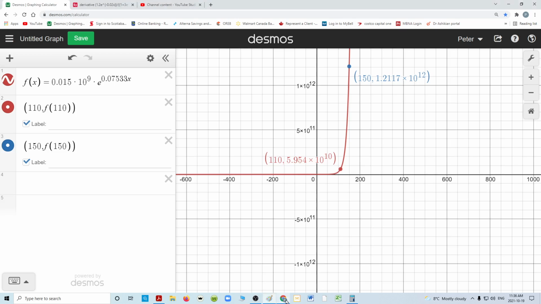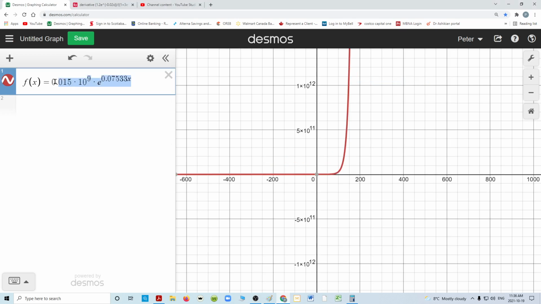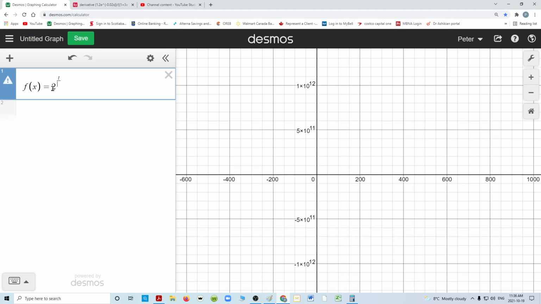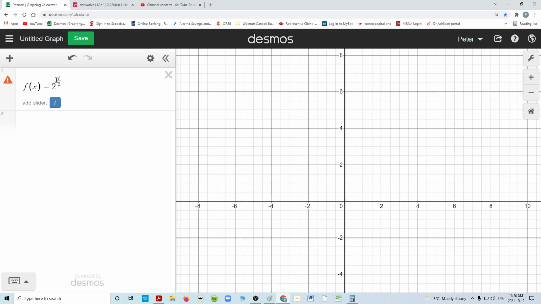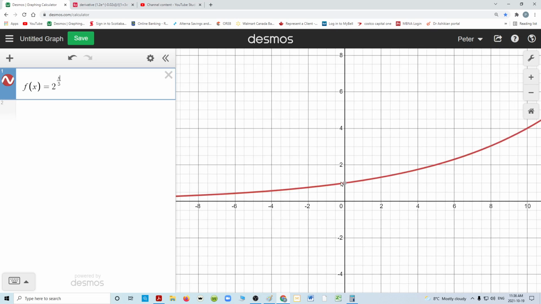And so we can quite easily see this. Here's our original bacteria growth. I like X because sometimes the thing gets confused.